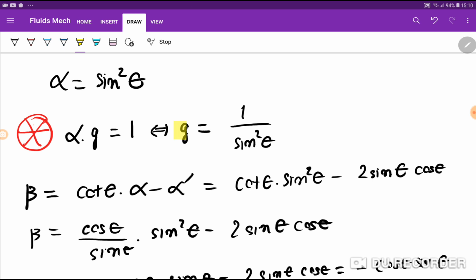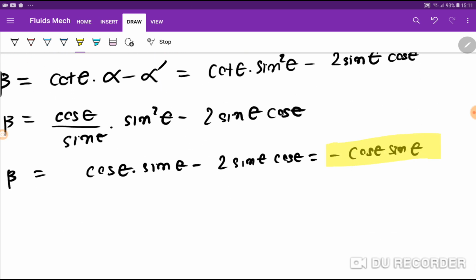So we have two results. Now we have chi, and we have alpha, and we have beta.